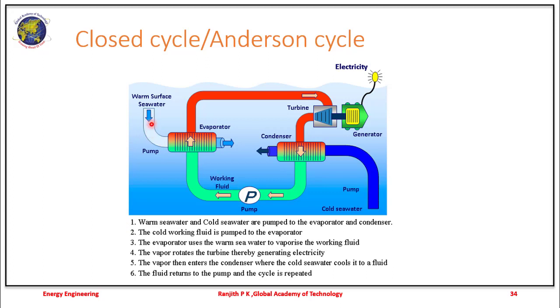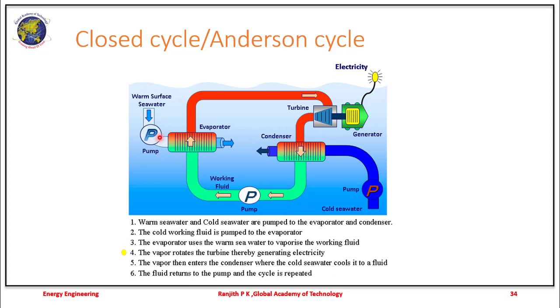So here the warm seawater is pumped into the evaporator where the temperature increase occurs, the steam gets flashed, and in the evaporator the steam is generated. The steam is made to pass through a turbine, and then the power is produced, and then the condensate is made to pass through a condenser, where the wet steam is completely converted into the water, and then this water is taken back into the evaporator again.